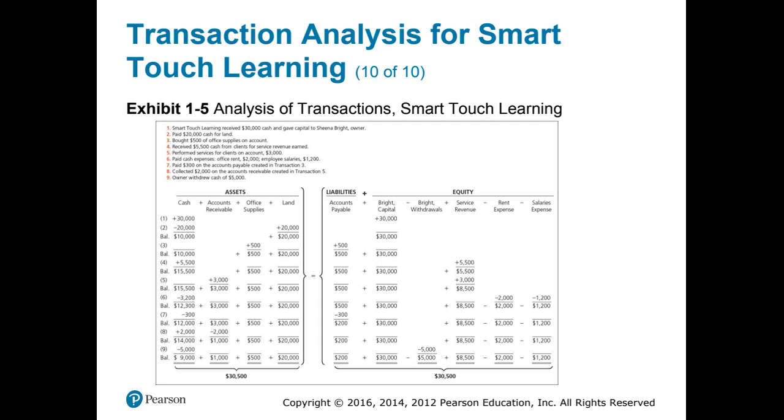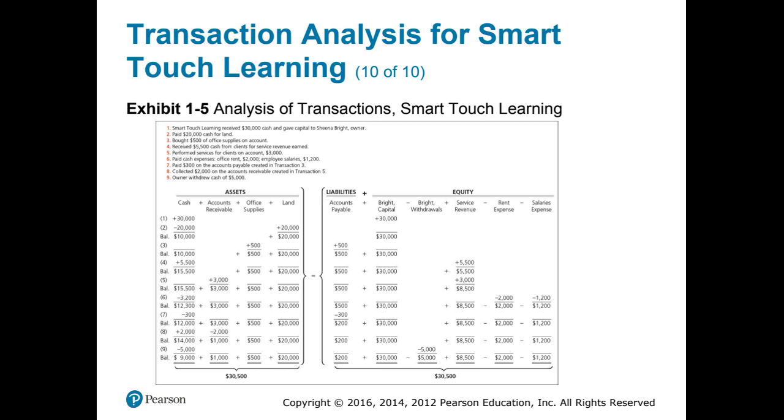So on page 18, for example, everything that affected our cash account. So we added 30,000 cash. We paid out 20,000 cash, which left us with $10,000 in our cash account. And then we added in 5,500 in cash, which brought our cash up to 15,500, etc.